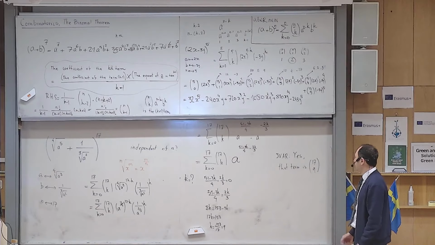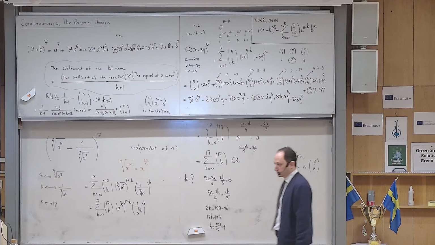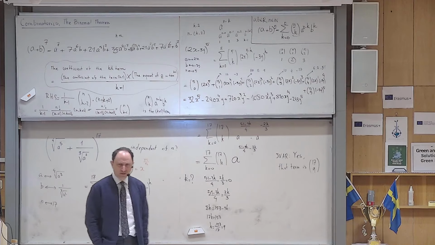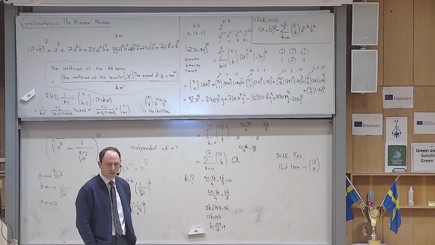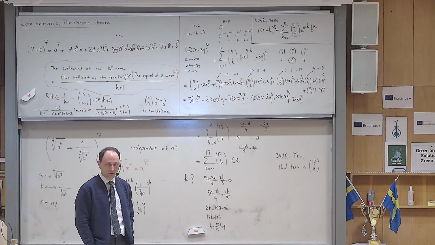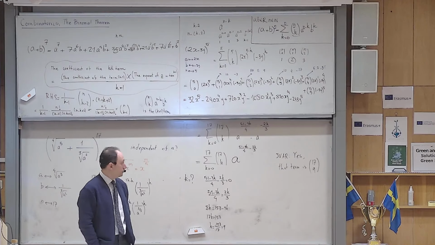Isn't that the same as 17 choose 8? Yes, if you change which of the a's are k and the other is 17 minus k, you can also get 17 choose 8 as the same answer.